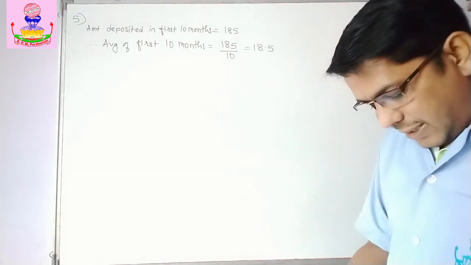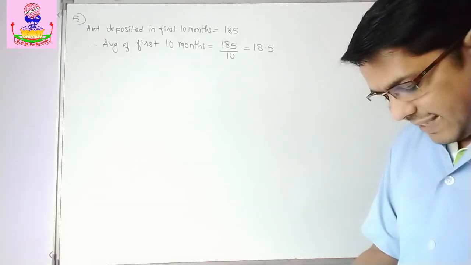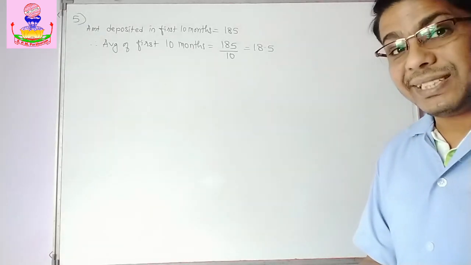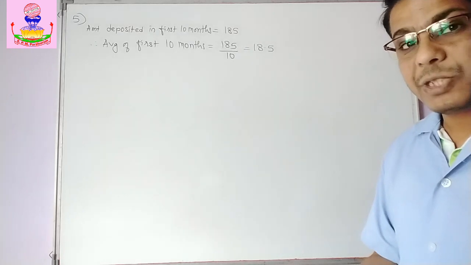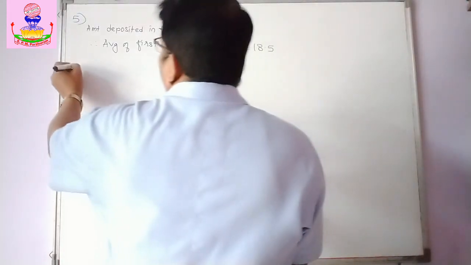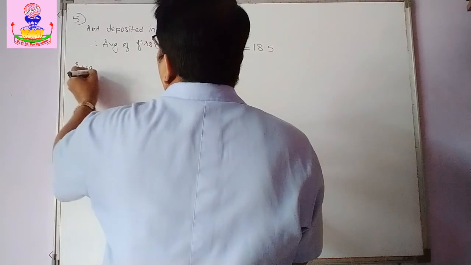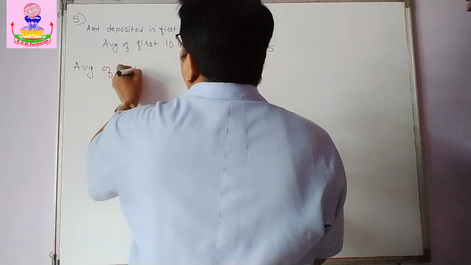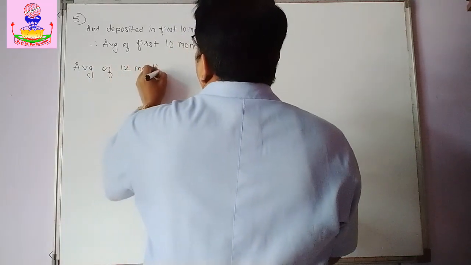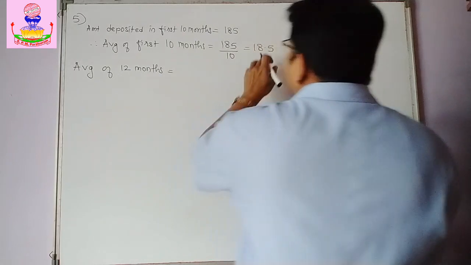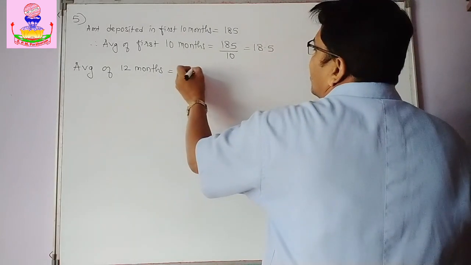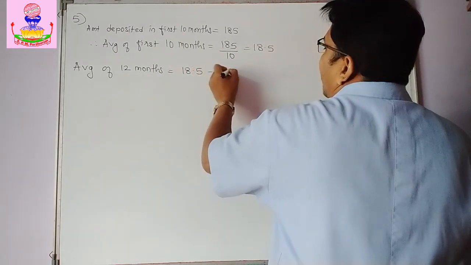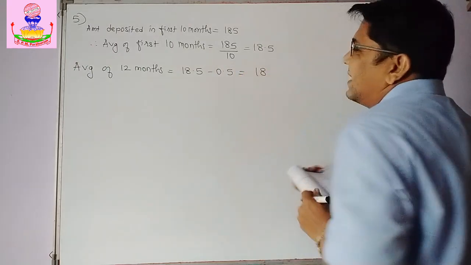The average savings of the whole year is less than the average savings of the first 10 months by rupees 0.50. So the average of the whole year, that means 12 months. This average is smaller than the average of 10 months by 0.5. So what is the average?